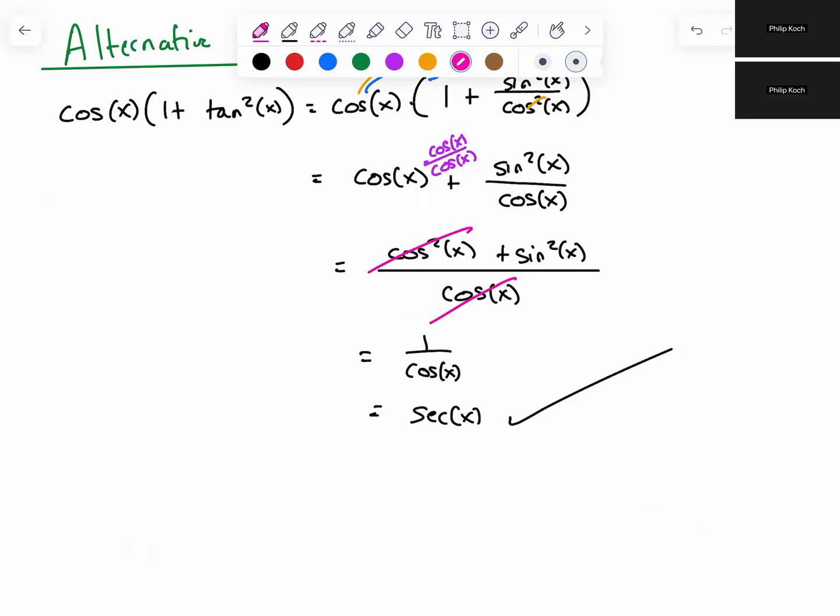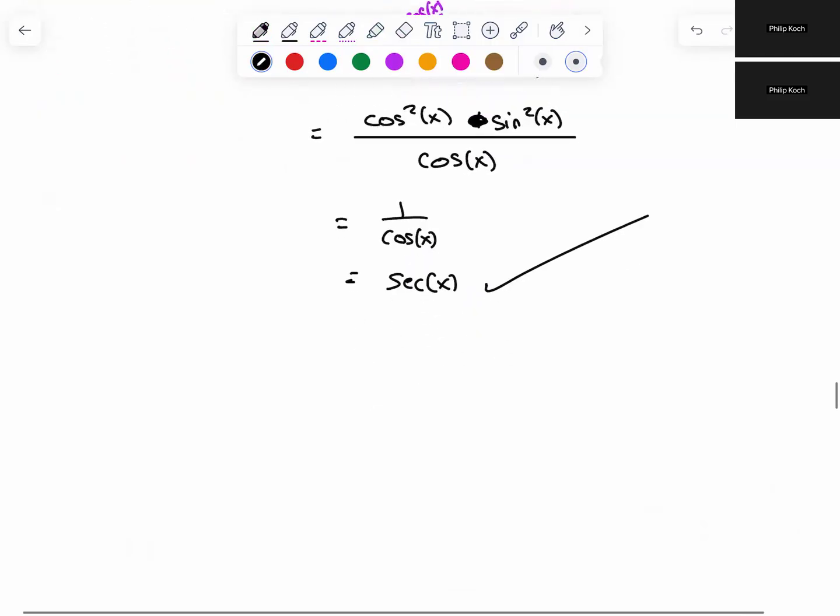Well, Brian, you'd break my heart. You would break my heart if you did that, because that's not real algebra. We can cancel factors, we cannot cancel terms. So if this was cosine squared times, if this was a times here, then they can cancel.